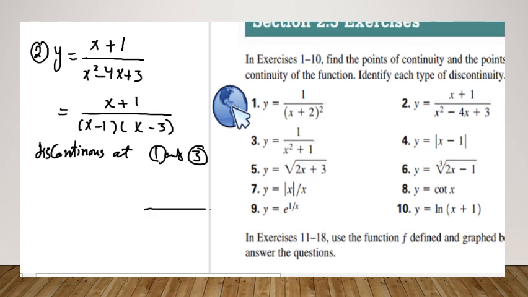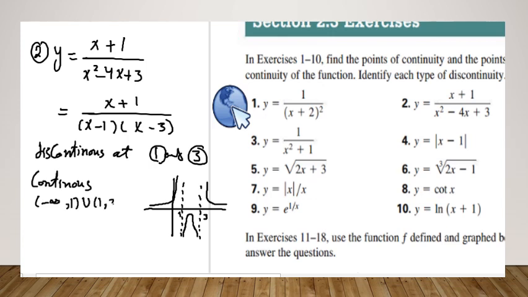By the way, if you are using a graphing calculator, you will find that at 1 and at 3 you have lines of asymptote, and the graph is drawn like this. So it's continuous from negative infinity to 1, union from 1 to 3, union from 3 to infinity.